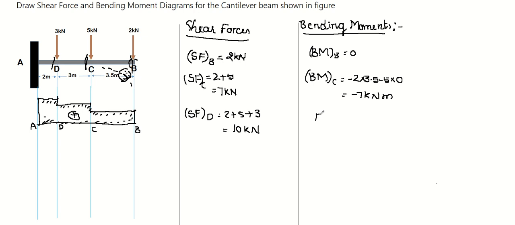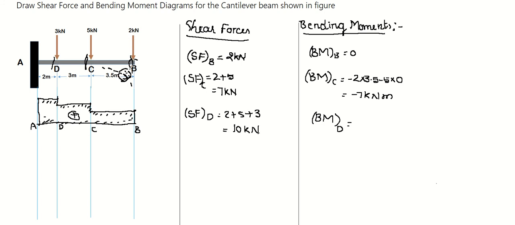Now bending moment at D. Up to D, how many forces do we have? 1, 2, 3, and 3 distances we have. So let us see first. We are coming from right to left.